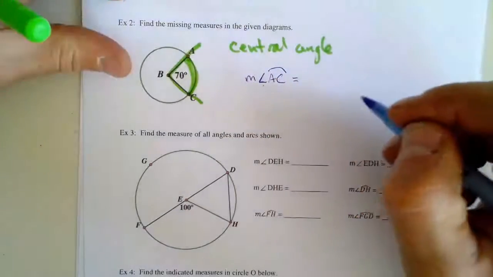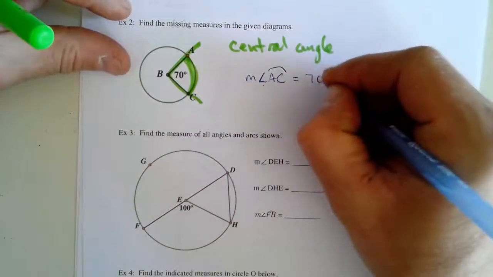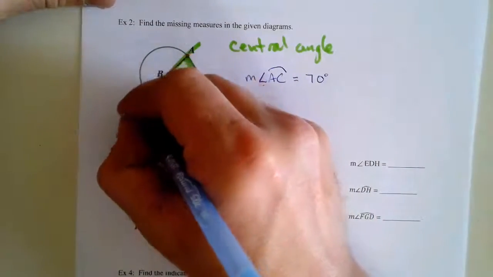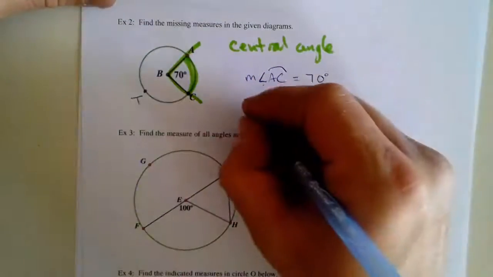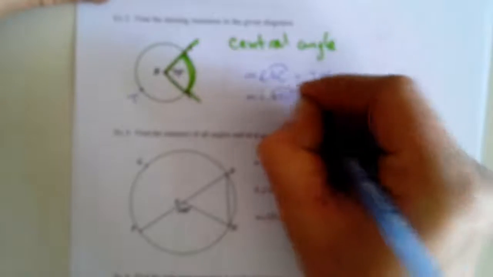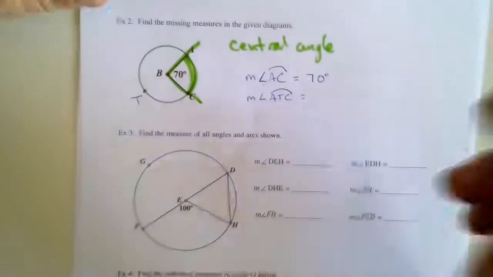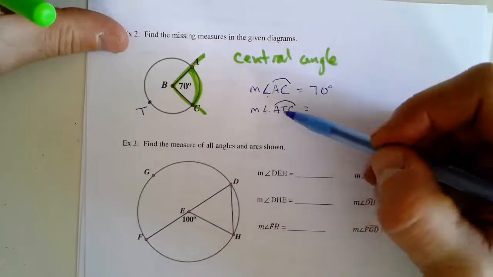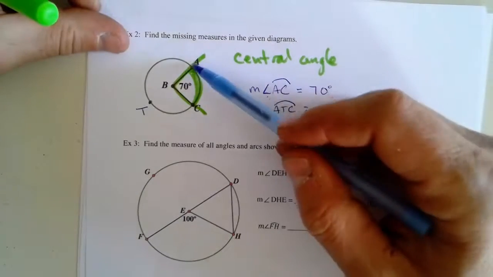If I added another point, let's say a point over here, I could actually find the measure of the arc angle for ATC. The measure of the angle of this arc ATC is going to be everything else. Remember that a whole circle is 360. We've talked about that before.